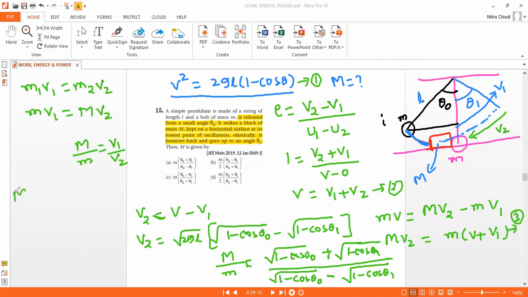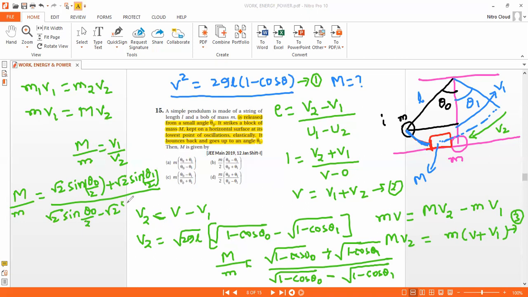Now capital M by small m is equal to root 2 sine theta naught by 2 plus root 2 sine theta 1 by 2, divided by root 2 sine theta naught by 2 minus root 2 sine theta 1 by 2. That is, capital M by small m equals theta naught plus theta 1 by theta naught minus theta 1.